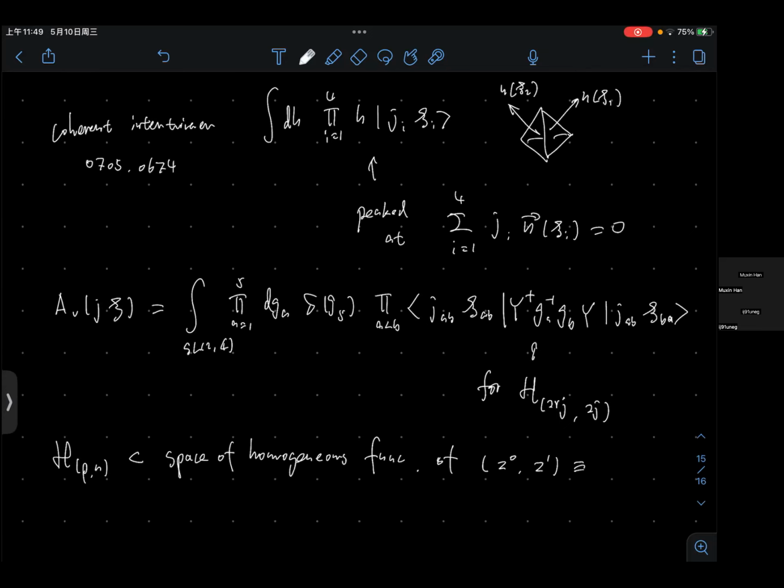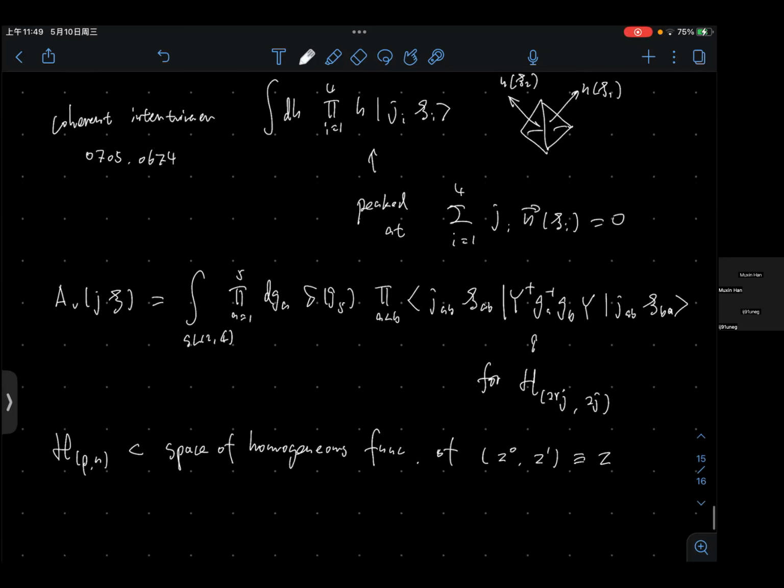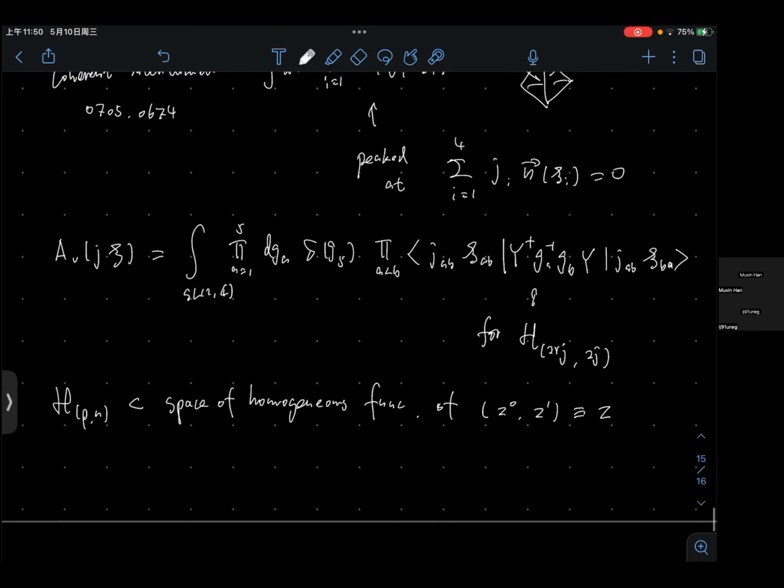Okay, so I will call that. Namely, the functions satisfy a certain scaling property. So this function is of z and z bar, but satisfies the scaling property: if you scale z and z bar by lambda and lambda bar, the scaling exponent relates to rho and n.